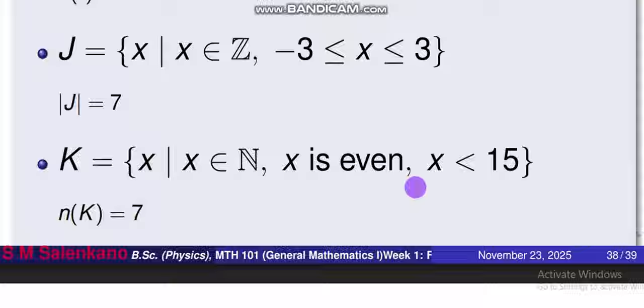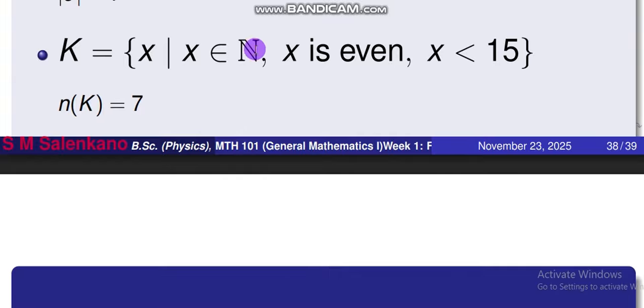You see, 14. It means you have 7. If you count properly, you see that you have 7 elements. So the cardinality of set K is 7. Okay, just select natural numbers that are even and less than 15. You have 7 numbers there.